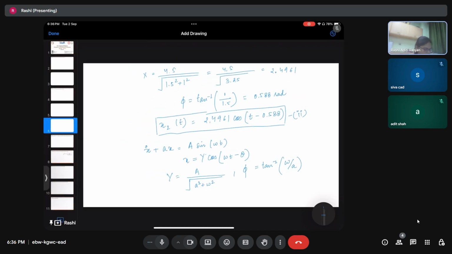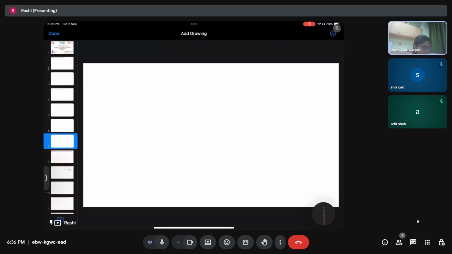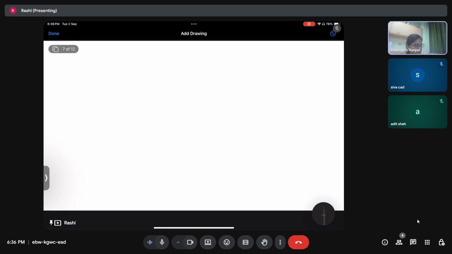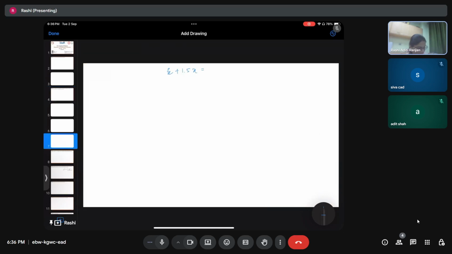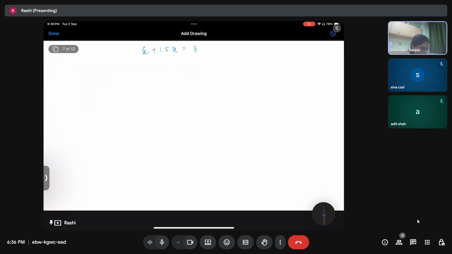Now for this, using this, we have the third equation as x dot plus 1.5x is equal to 3 sine of 5t. So here we have b as 3, omega as 5, and a as 1.5.